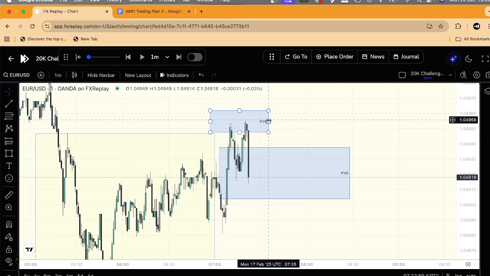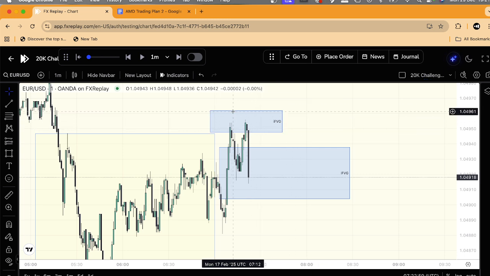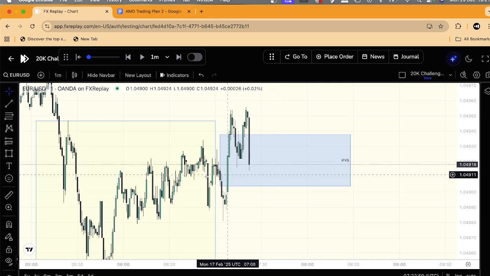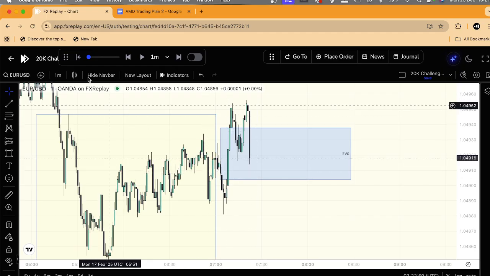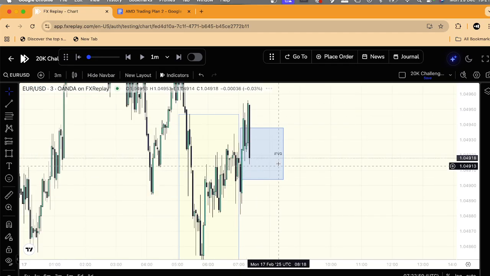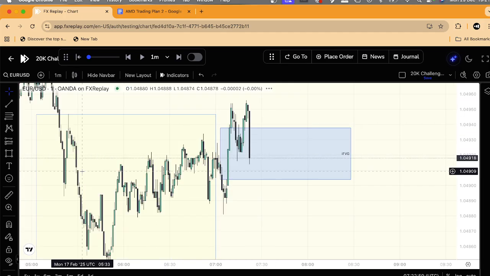Since recognizing this pattern, I never take that anymore, and I only take iFVGs that are deep inside of the accumulation area, because if price comes all this way back in and inverts a gap that just pushed out with volume, like you've got to look at the volume as well here.